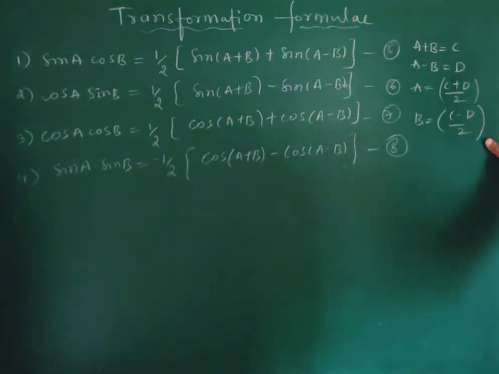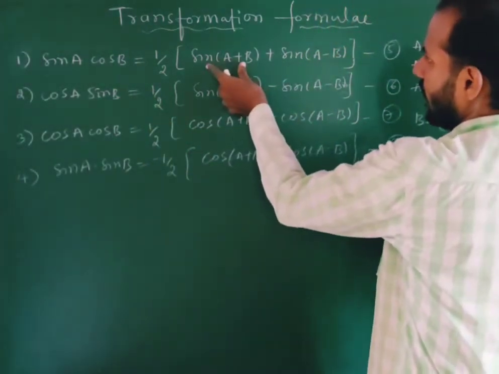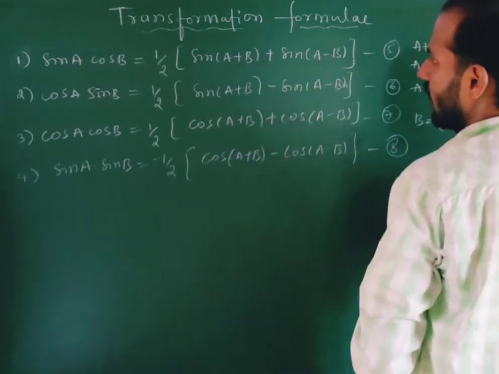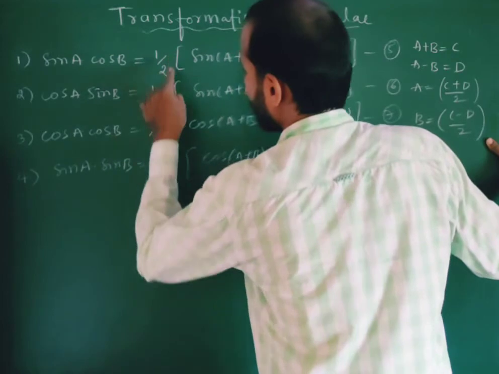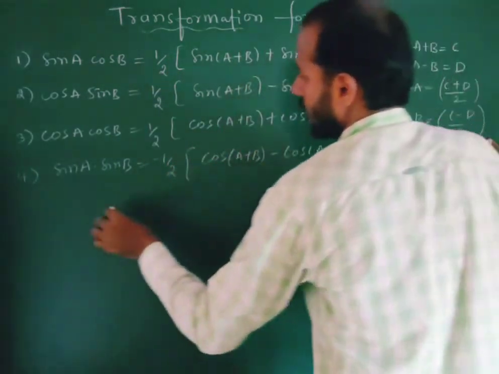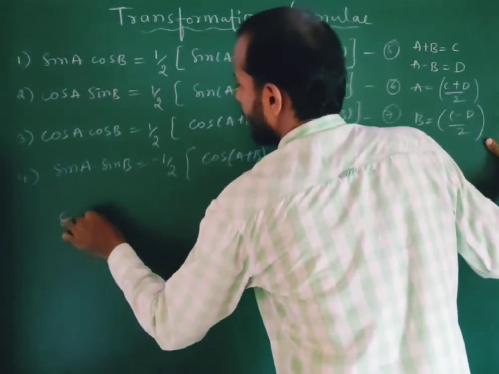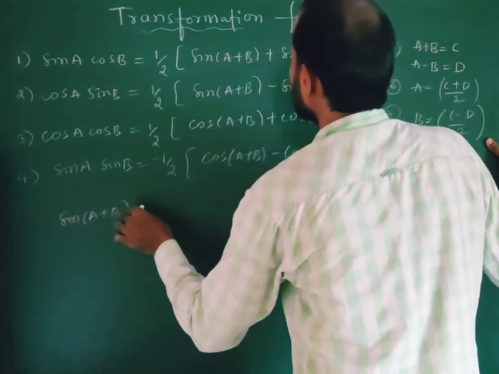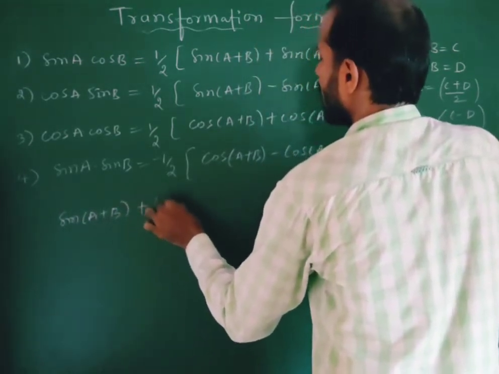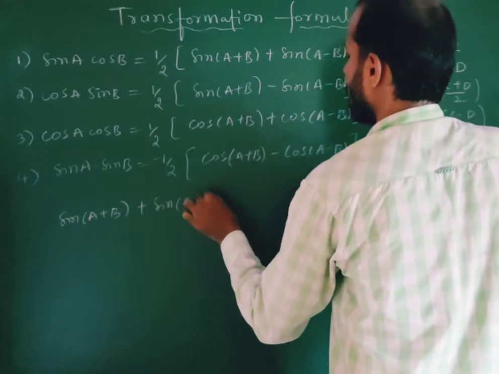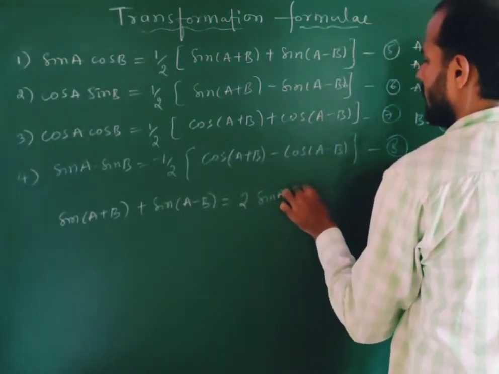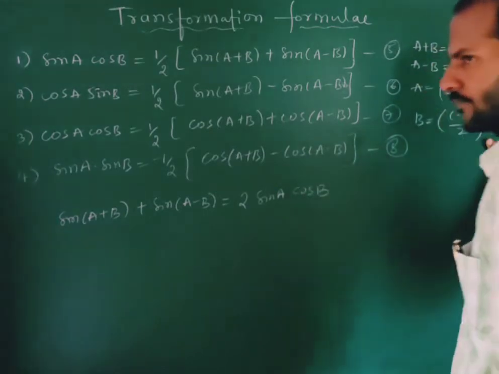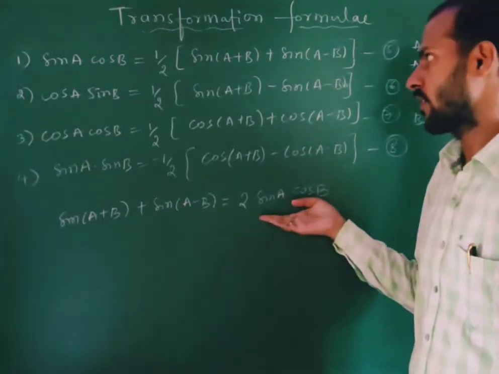Now, I can write the first equation 5 as sin a plus b plus sin a minus b, which equals 2 times sin a cos b, right? Already we have solved this one.